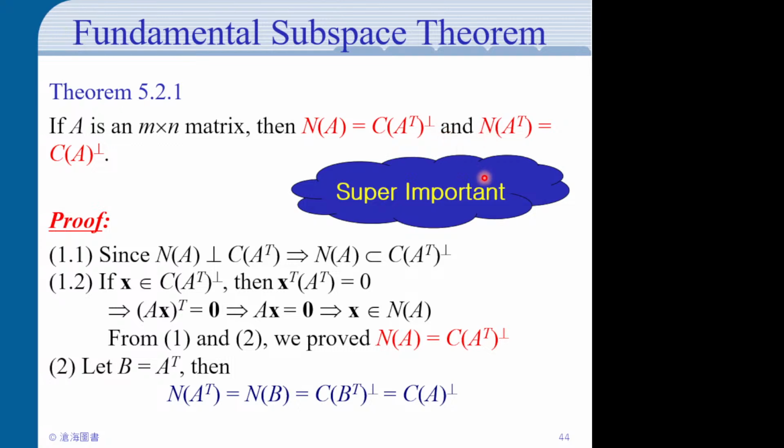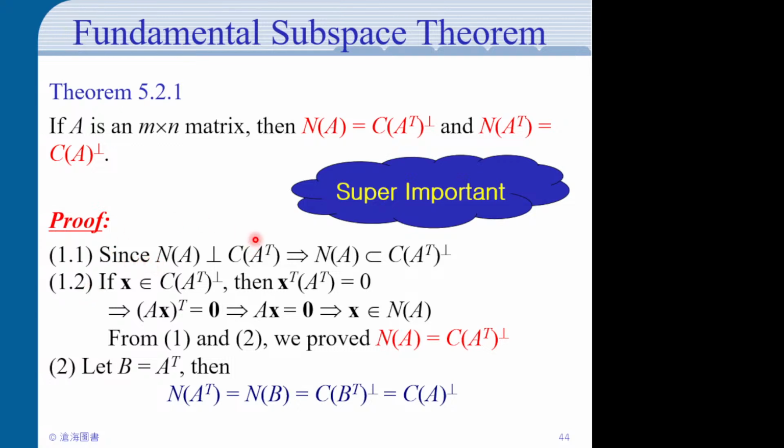So we have that the null space of A is the orthogonal complement of the column space of A transpose, which is like the row space of A. And also, the null space of A transpose is the orthogonal complement of the column space of A.